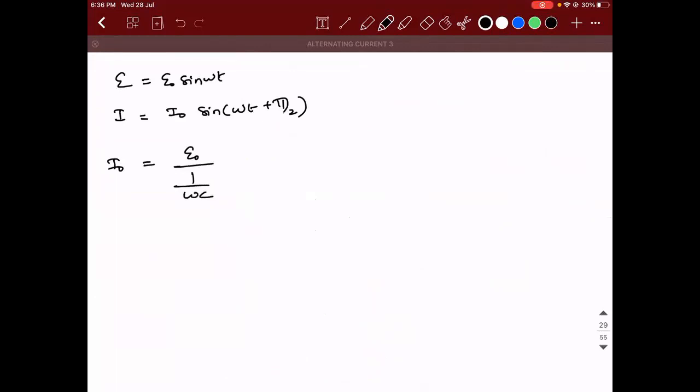So when I take E is equal to E naught sine omega t and I is equal to I naught sine of omega t plus pi by 2, what is the value that we replace with I naught? I naught was equal to E naught divided by 1 by omega c, correct? Then this 1 by omega c is what is called the capacitive reactance.